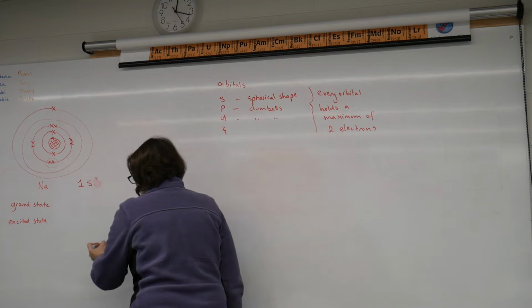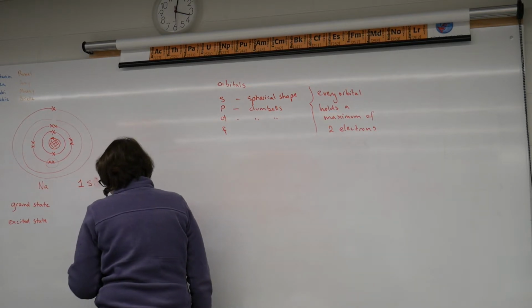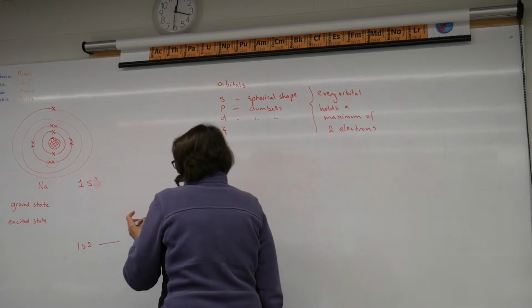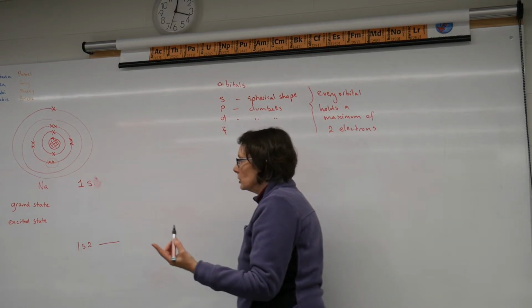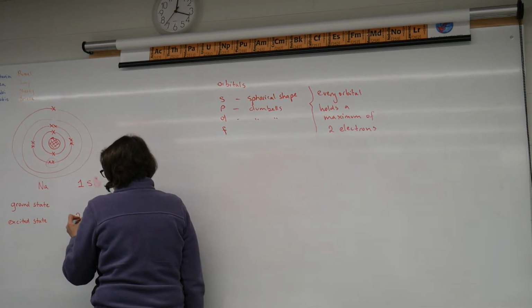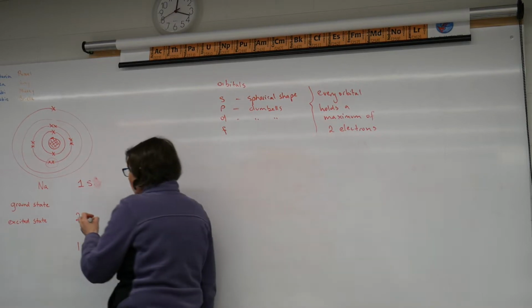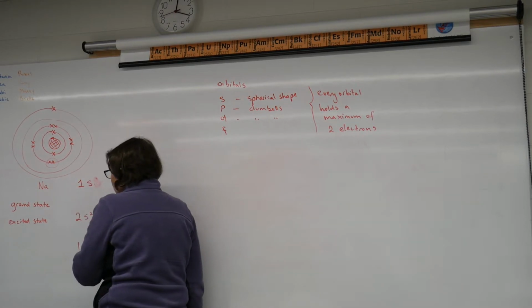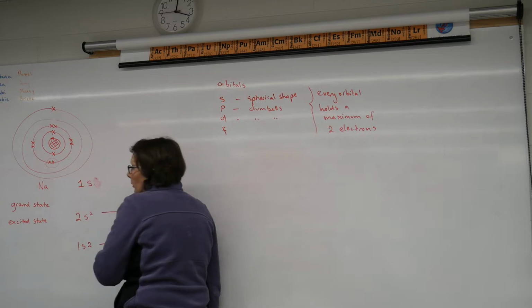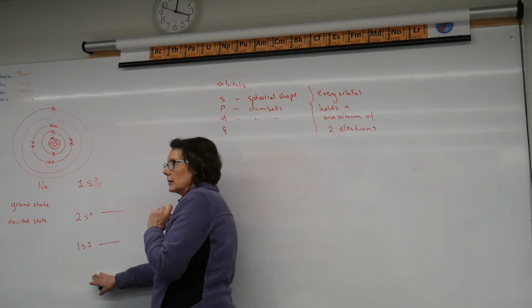It's closest to the nucleus. Then principal quantum number 2 also has an s orbital that also holds a maximum of 2 electrons, and it is further away from the nucleus. They are both spheres.